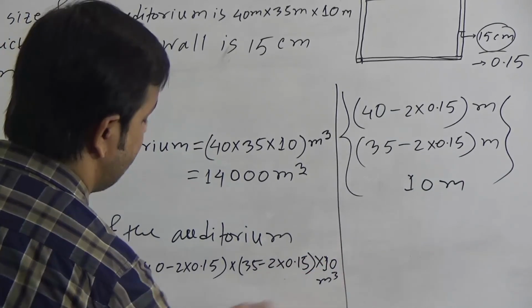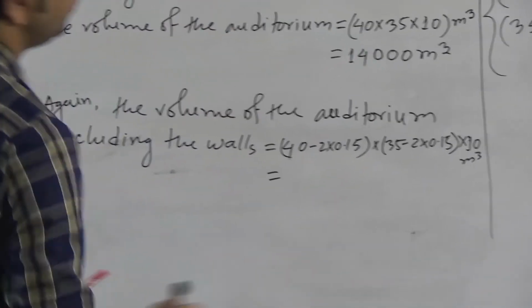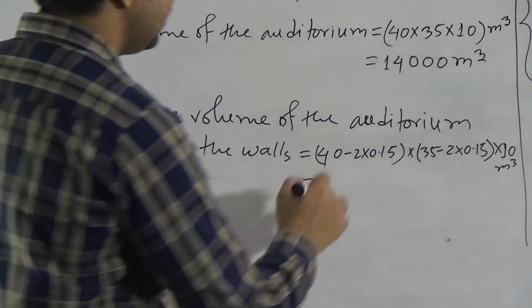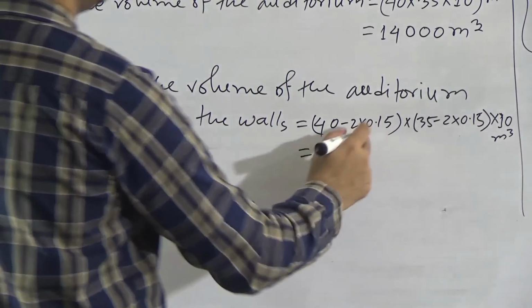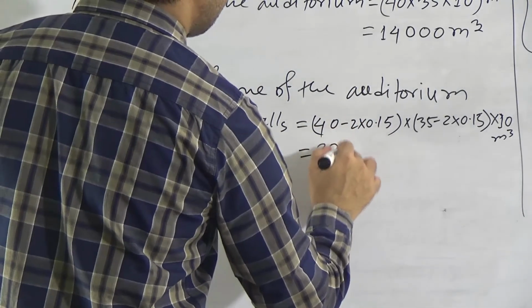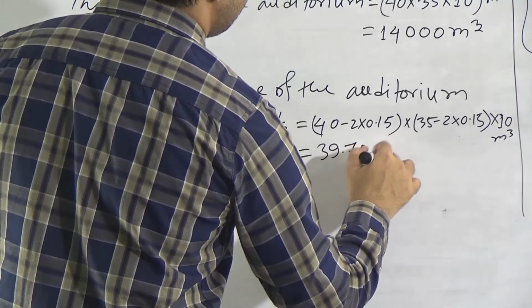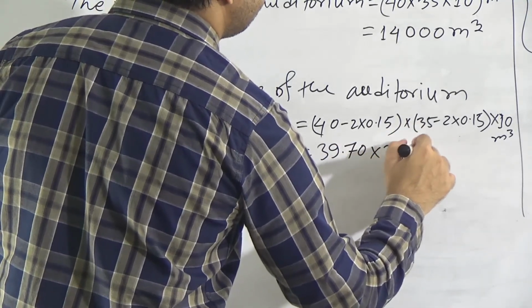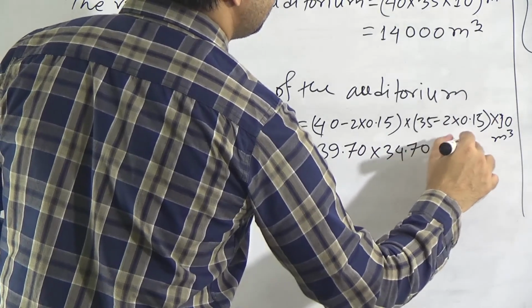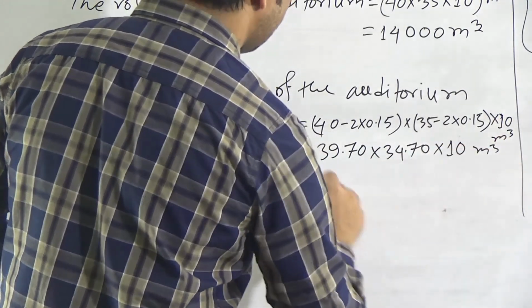Unit will be cubic meter. So if we calculate here, this means 0.30. If we subtract, we will get 39.70 multiply by 34.70 multiply by 10 cubic meter.